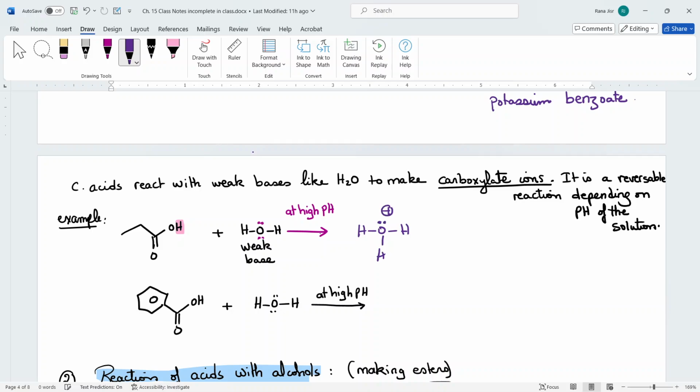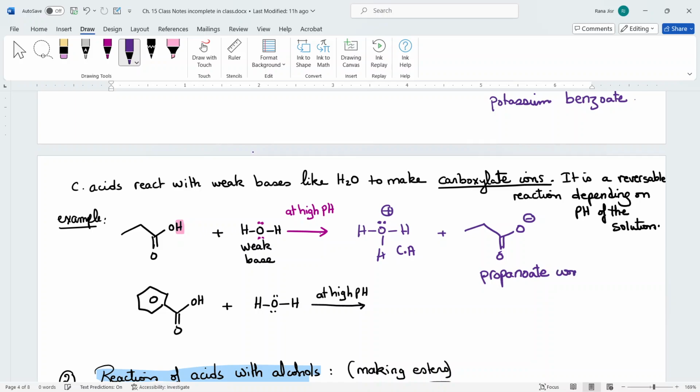You're going to form a positive charge in there. That is going to be a conjugate acid plus my conjugate base in this case, which is the propanoate. I'm not going to write the lone pair.